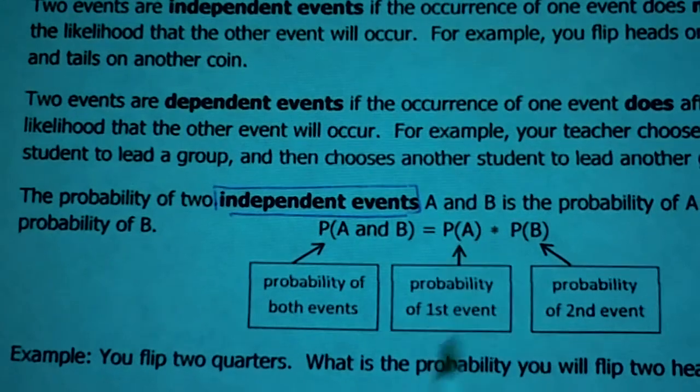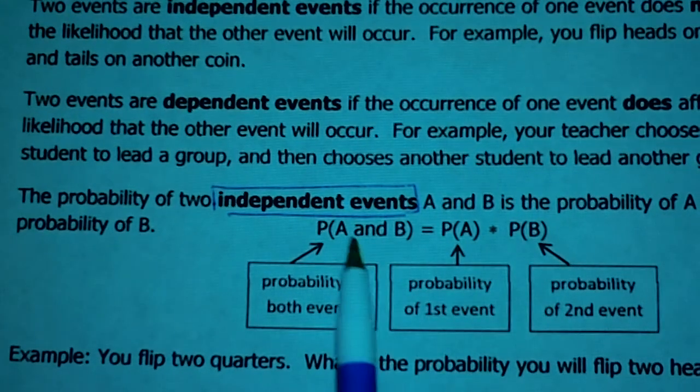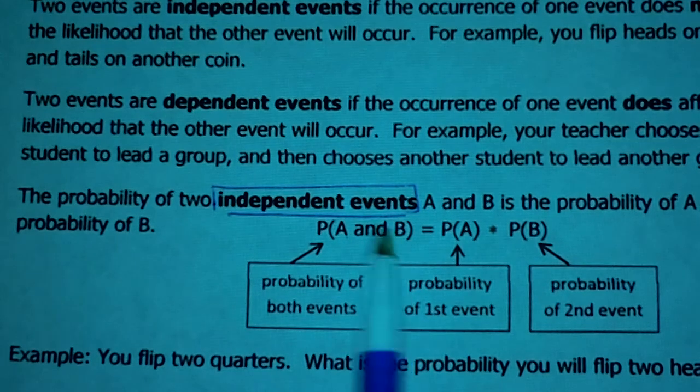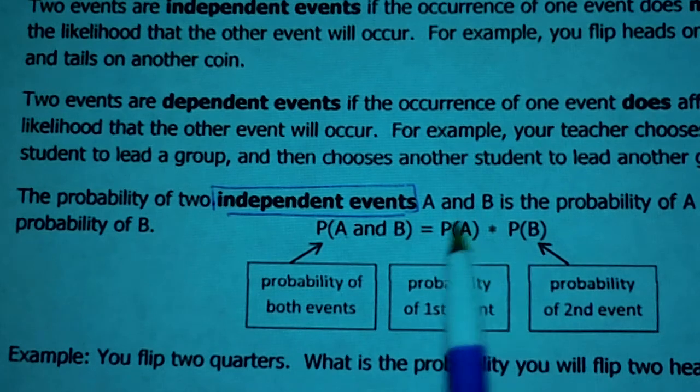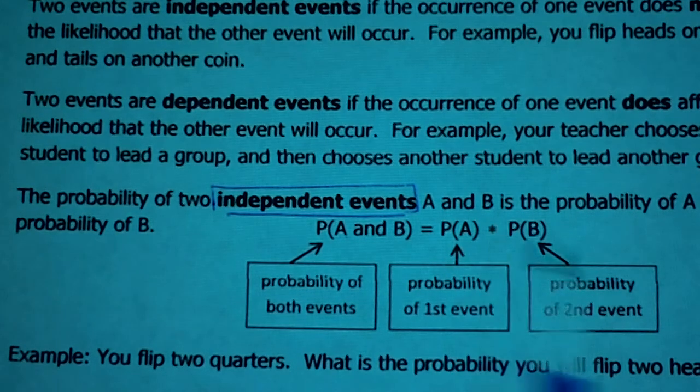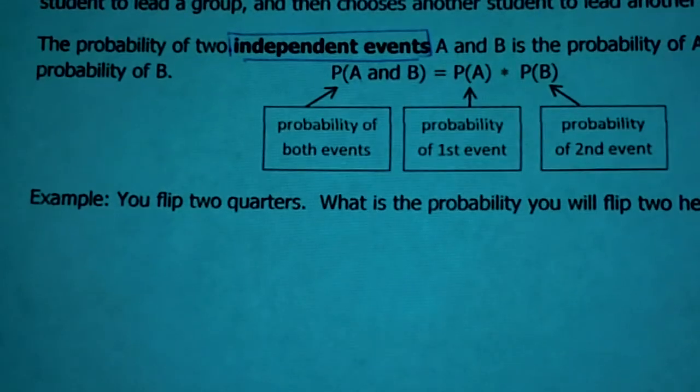So the little formula for this: the probability of both events is equal to the chances of the first event happening times the chances of the second event happening. So let's try an example of this so this big formula can make sense here. It's not that complicated, I promise.